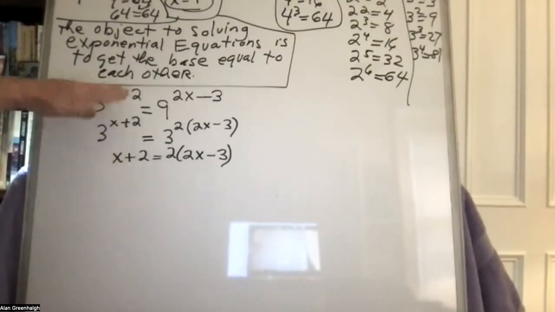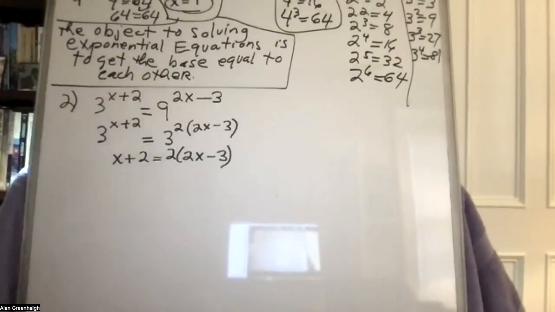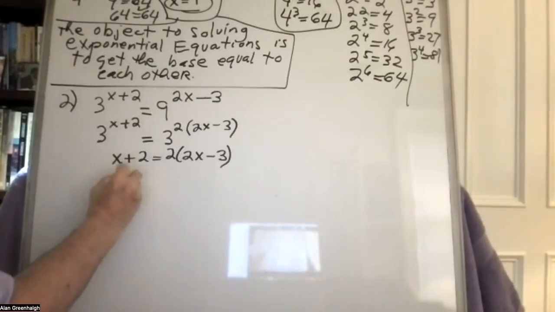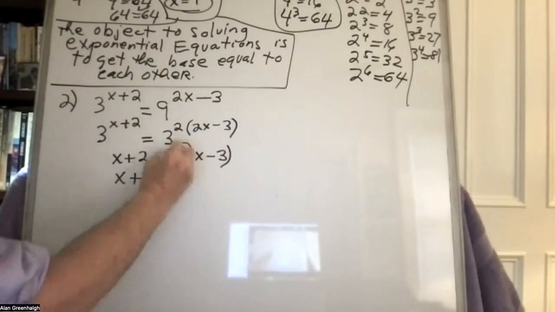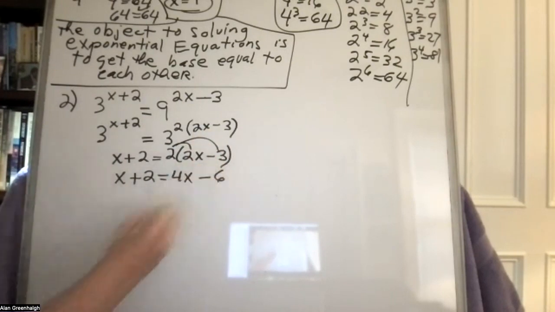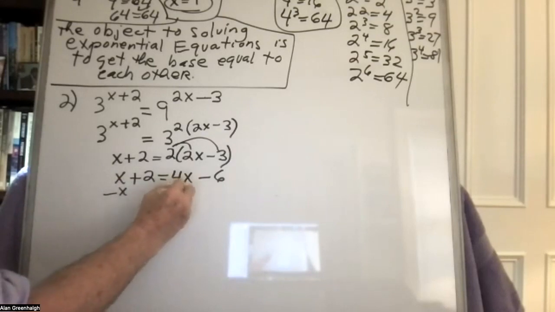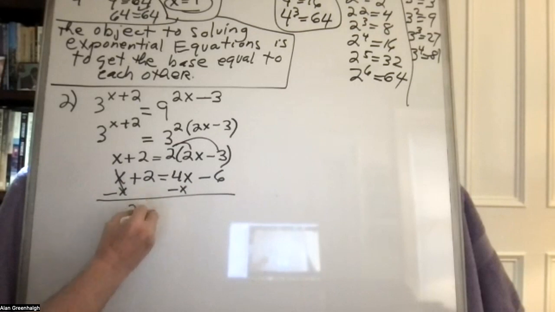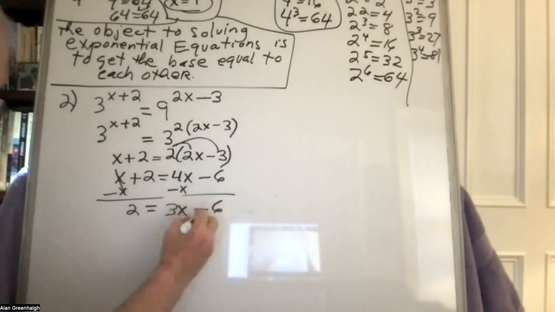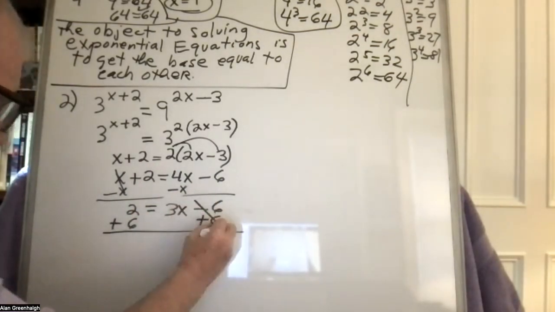So in other words, drop the bases, because you don't need them anymore. You just set the exponents equal to each other. You get x plus 2 equals, now simplify that. And I would bring this x over to there, contrary to what I usually do, which is to bring the variable to the left side, but this looked just too tempting. And then, of course, you want to bring the 6 over to this side.